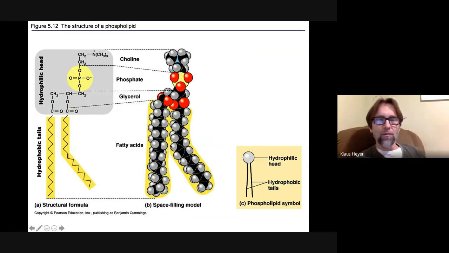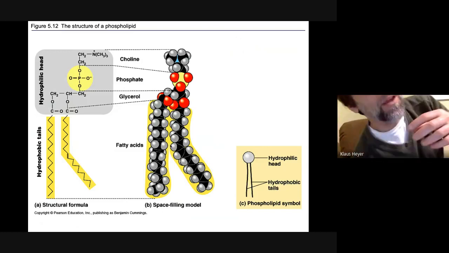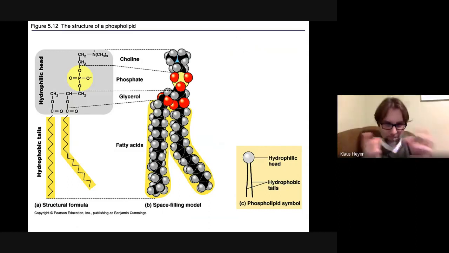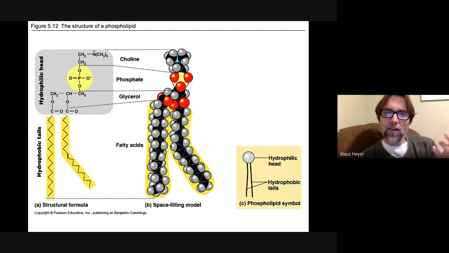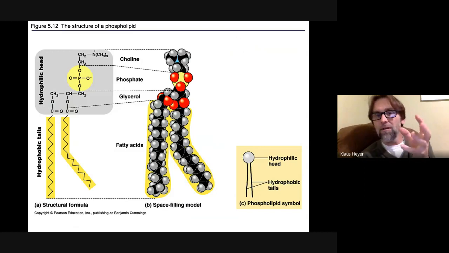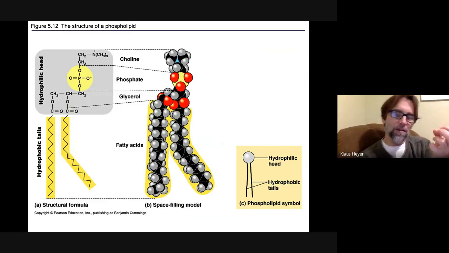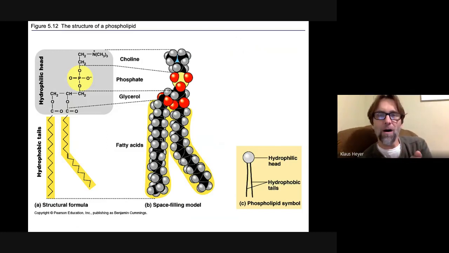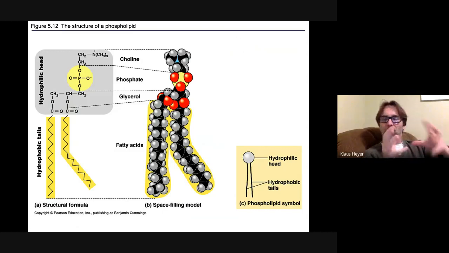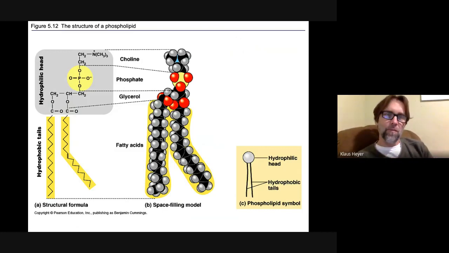It doesn't like water. So one molecule has both parts on it. This is like what your dish soap is made from, right? One part, the hydrophilic head, grabs onto the water. The other part grabs onto that grease that's on your pots, and you can mix water and oil with it.